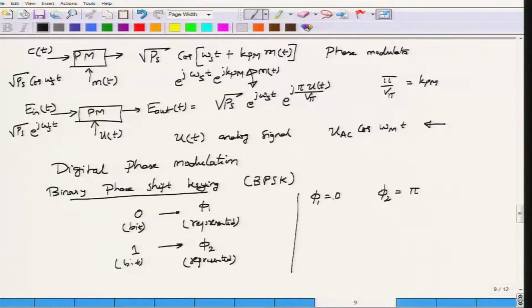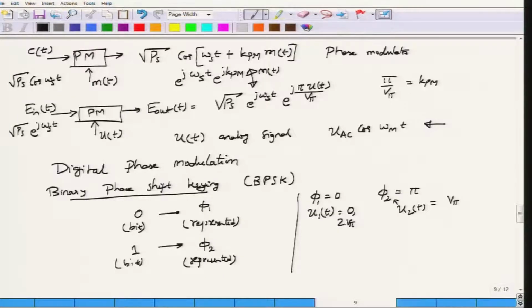When I have phi 1 equal to 0, what should my u1 of t be chosen such that I get no phase shift? I can choose 0 or I can choose 2 v pi. If I want to get a phase shift of pi, what should I choose? I should choose u2 of t, which is the signal corresponding to phase phi 2, which then corresponds to bit 1. I should choose this one to be v pi, correct.